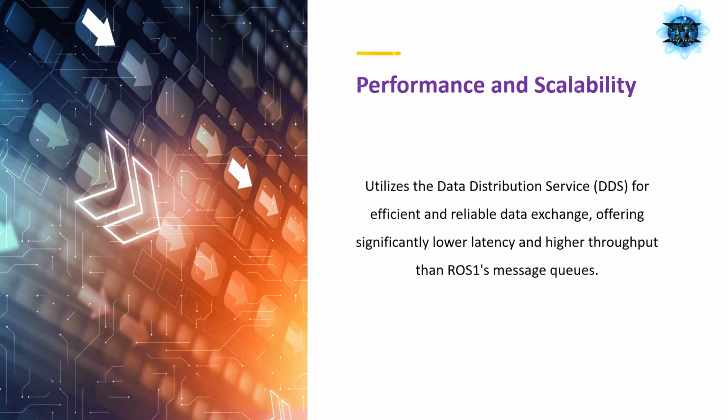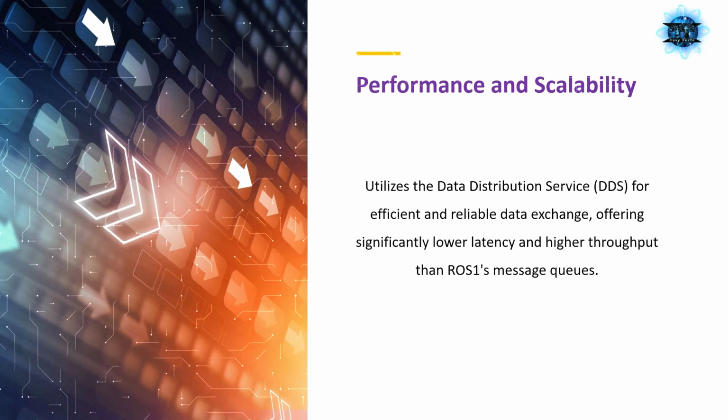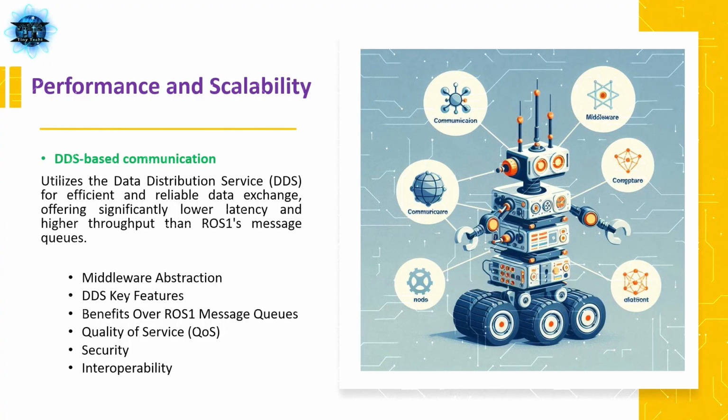It's faster, more reliable, and allows them to share a lot more information, making the whole team work better together. And coming to the features of performance and scalability, the first feature is middleware abstraction and DDS key features: benefits over ROS1 message queues, quality of service, security, and interoperability. These are under DDS based communication.